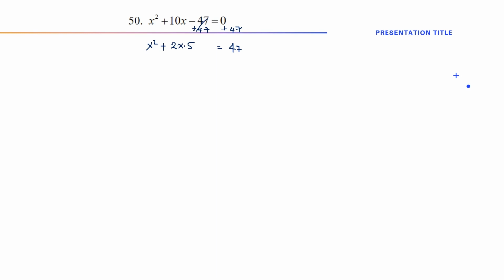Now to complete the square, on the left hand side we add 5 squared to both sides. So we have x plus 5 all squared equals 47 plus 25.